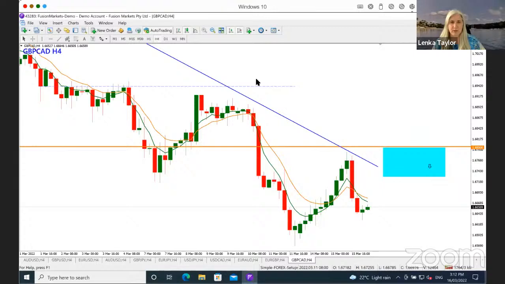However, on the 4-hourly time frame, in terms of the entry, I would really like to see the price a little bit higher up, and then looking for a short there. Alternatively, when it breaks below here and looking for short. So let's see what happens with the price action there.